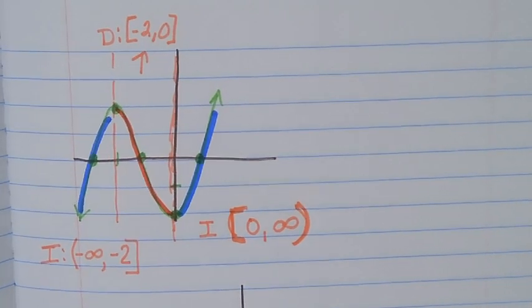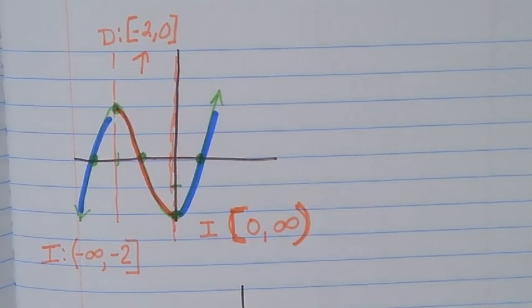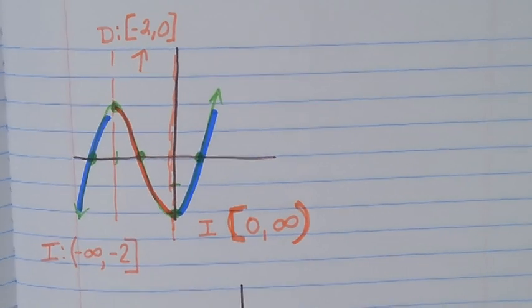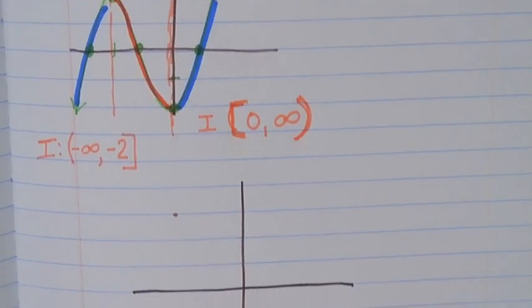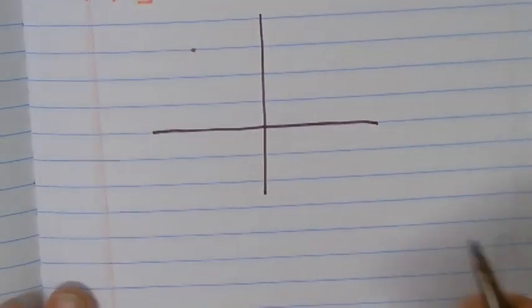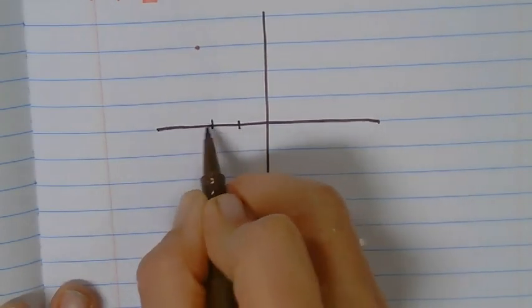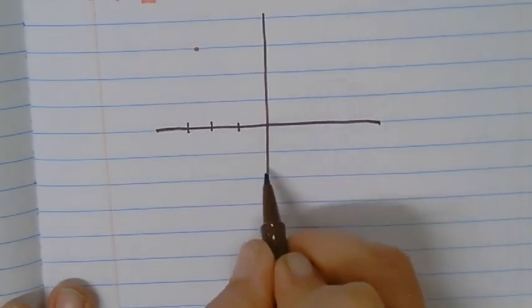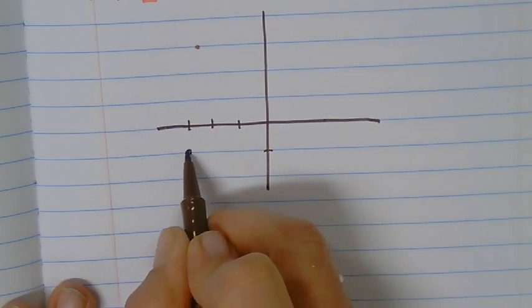One more to look at. Any questions on that one? Okay. So here, at negative 3, negative 1, put a point.